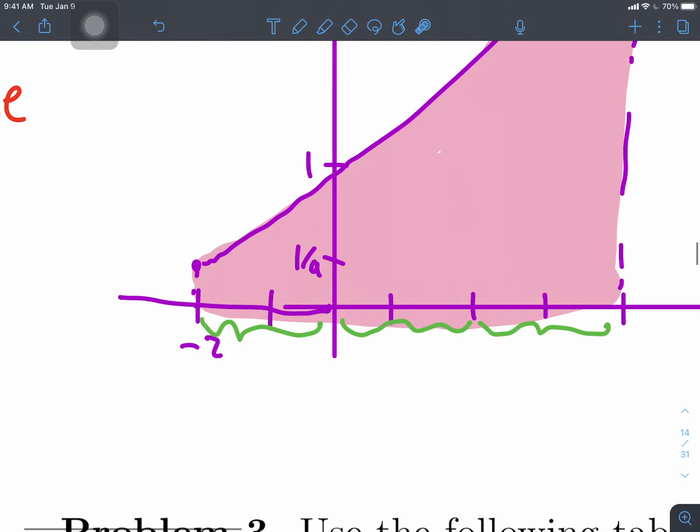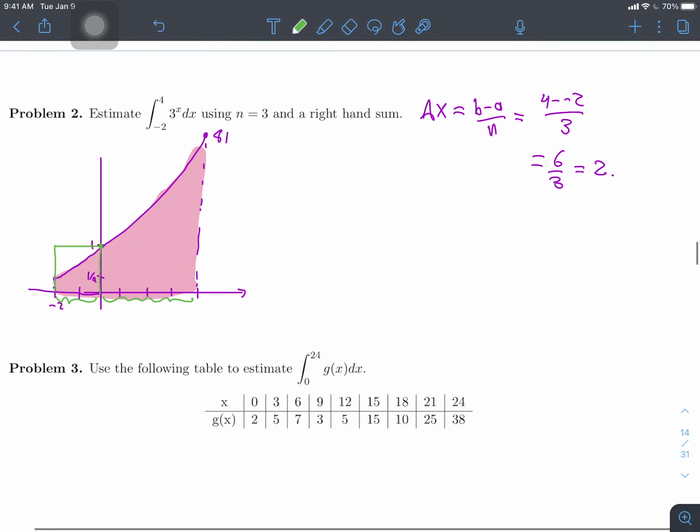The first subinterval goes from -2 to 0, so its height is going to be whatever the height of the function is on the right side of that first subinterval. So the first rectangle has height 1 and width 2.